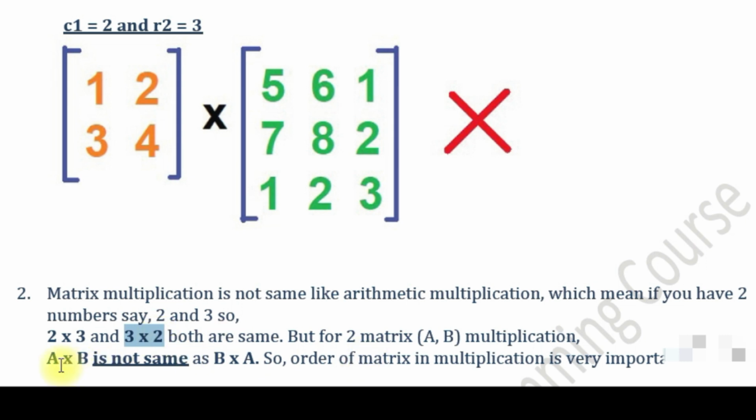But if you have two matrices, let's say A and B, and you multiply A into B, this is not the same as B into A. So in matrix multiplication, the order of the matrices is very important. This is my second consideration.